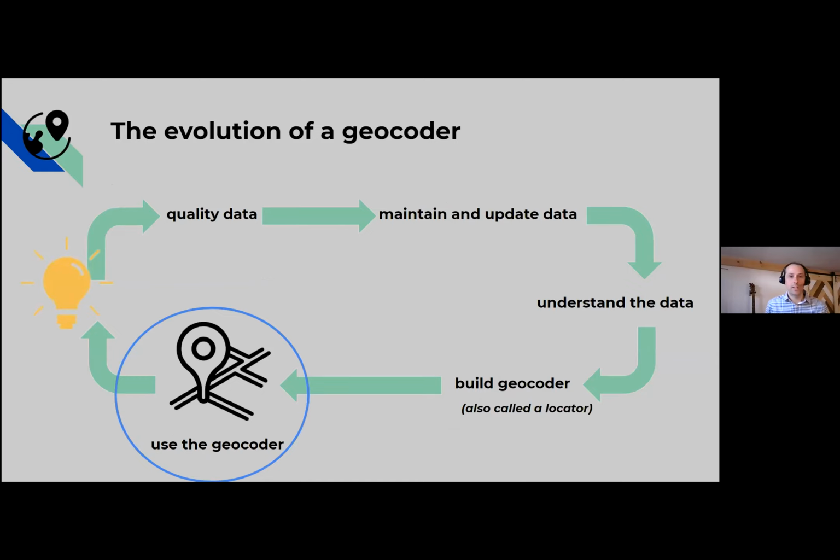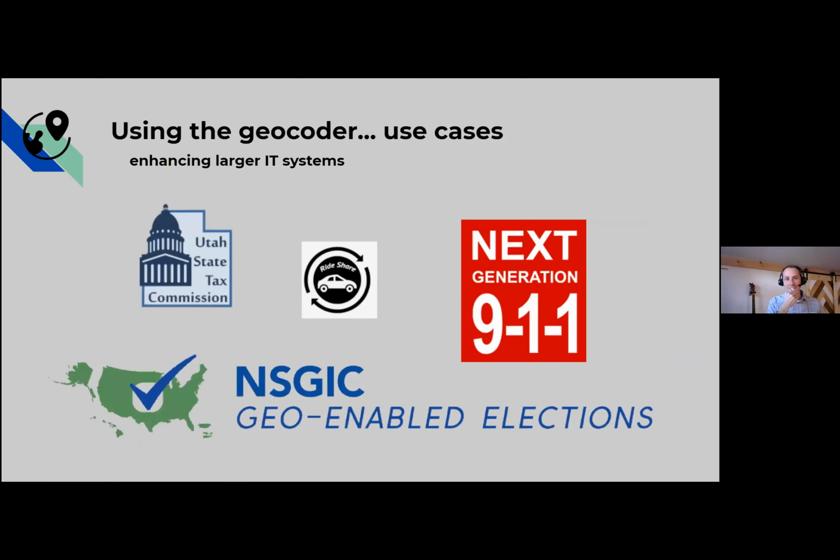And now, let's use the geocoder. We put all this work into it. How can it be used? Like I said at the beginning, there are ample opportunities to use geocoding systems. These are a few to discuss today, and we'll talk about just two of them specifically.